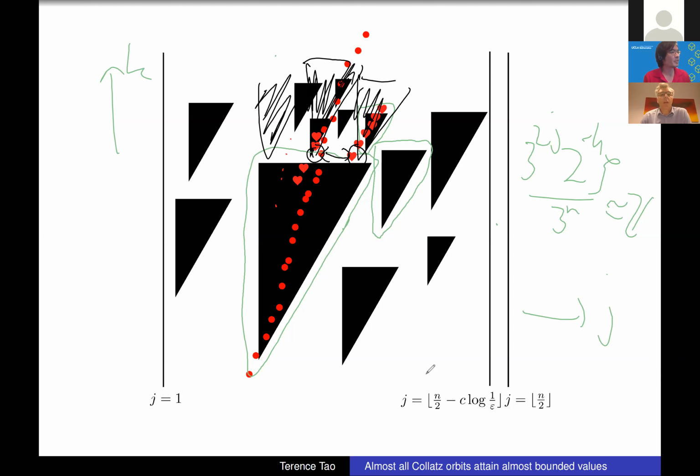What part of the proof becomes hard if you use natural density instead of logarithmic density? At one point I have to use a lot of dilation. So I'm always multiplying by 3 and dividing by 2. And logarithmic density is related to the multiplicative Haar measure. It's like the discrete analog of the measure 1 over x on the positive reals. That's the Haar measure for multiplication. It's invariant: if you multiply by 3, it's the same measure, or by 2.